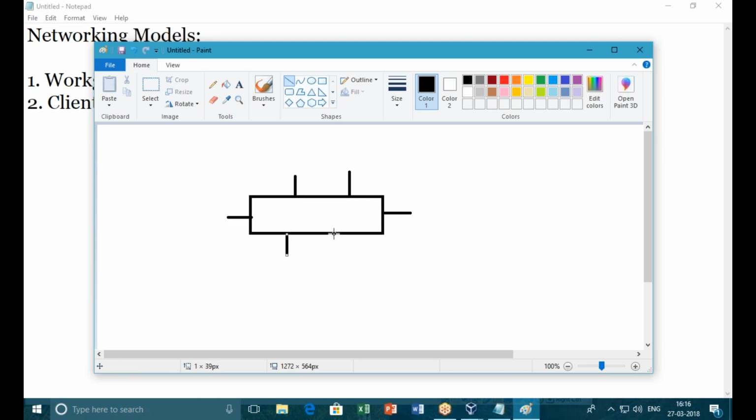Here in this model, you'll not be having any dedicated server to control other devices. Each device is its own administrator, and it doesn't depend on other devices.